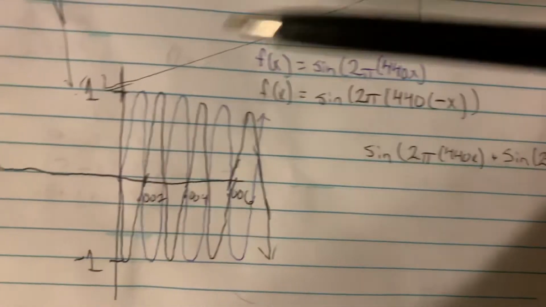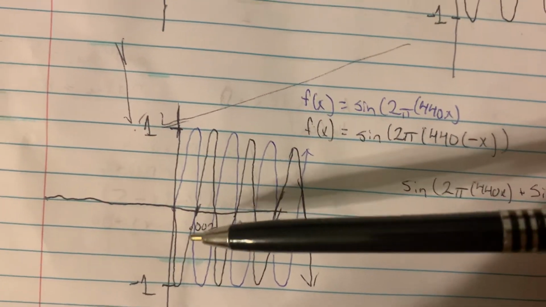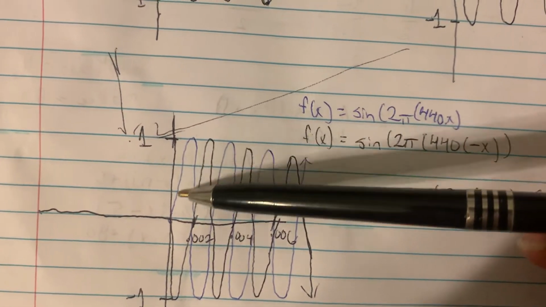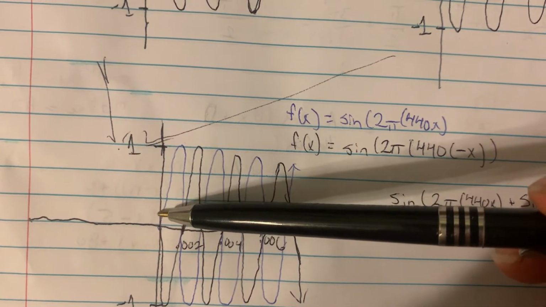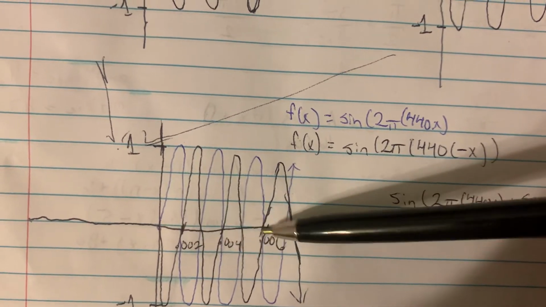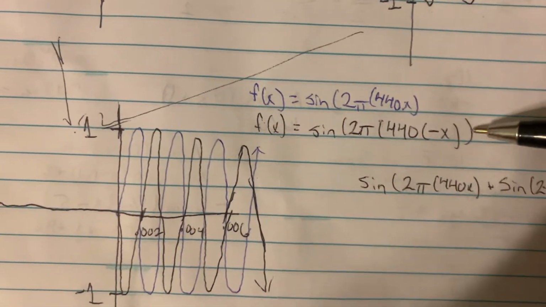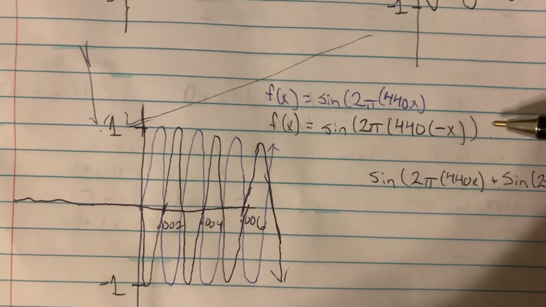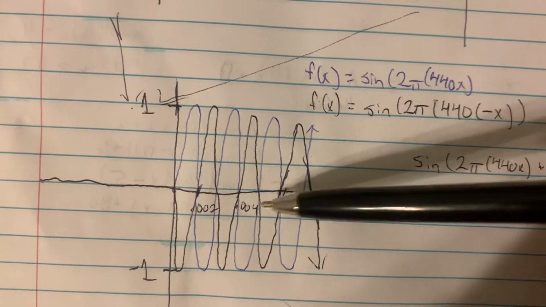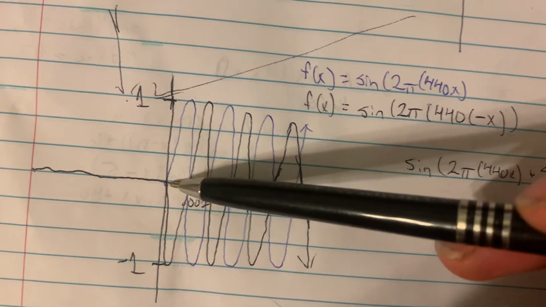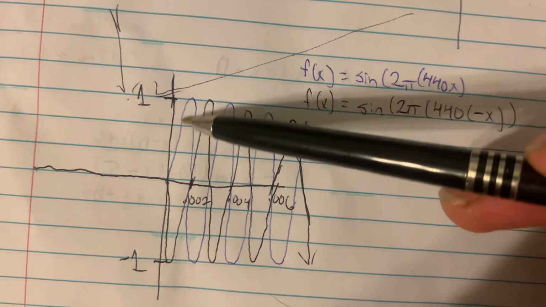So we can see, if they're both graphed separately on the same paper, they kind of bounce off. Where the original one goes up, the function with a reflection is mirrored across the y-axis from our original function.